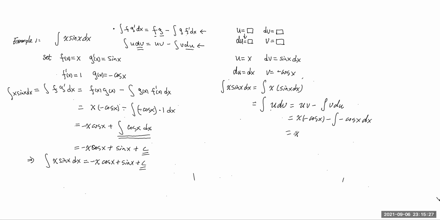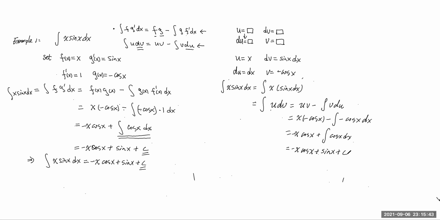We have, this is negative x cosine x plus the integral of cosine x dx. This is negative x cosine x plus sine x plus C.